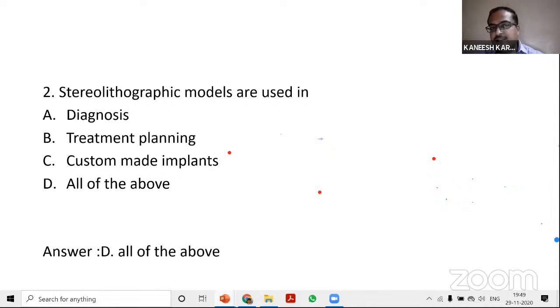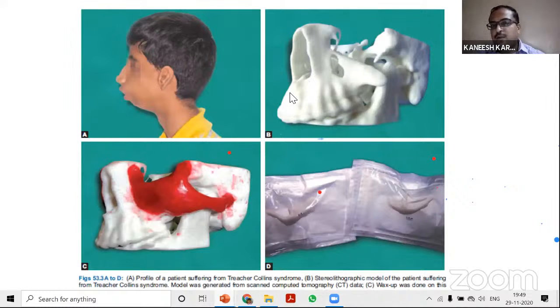Here, we take a CT scan of the patient and send it to a lab so that they will 3D print a model which exactly mimics the patient, so that we can do surgery on the model and then plan very specifically according to the patient.